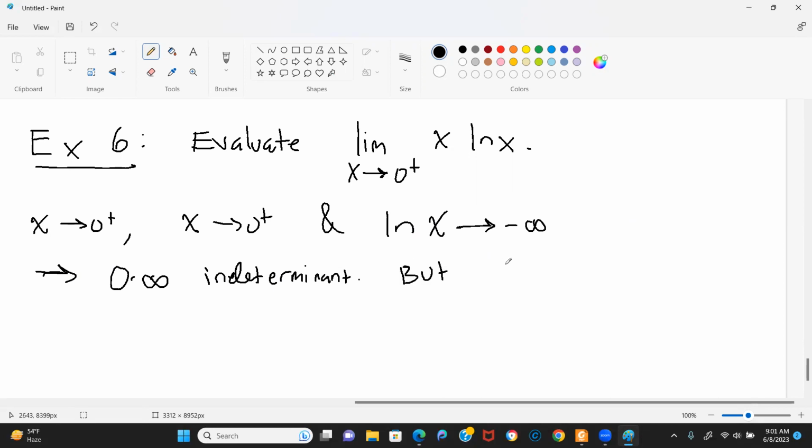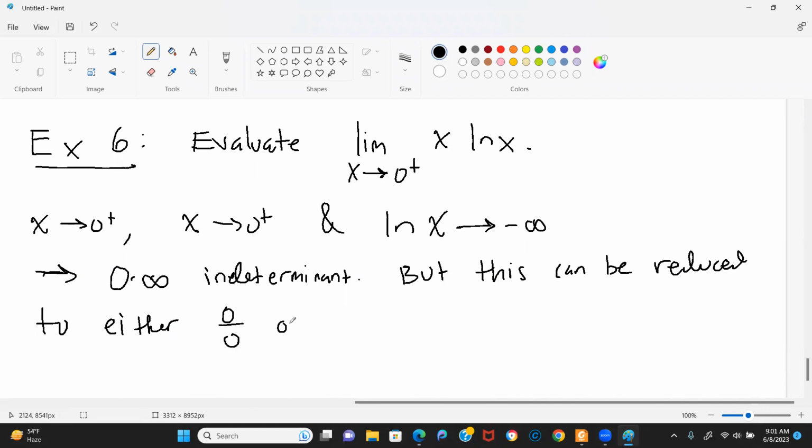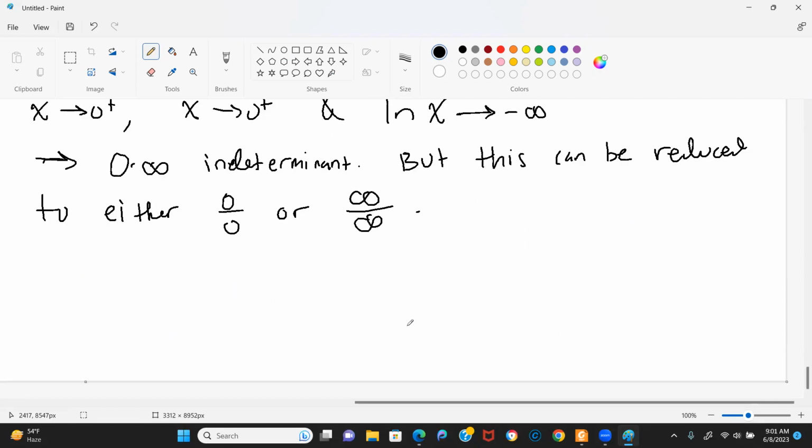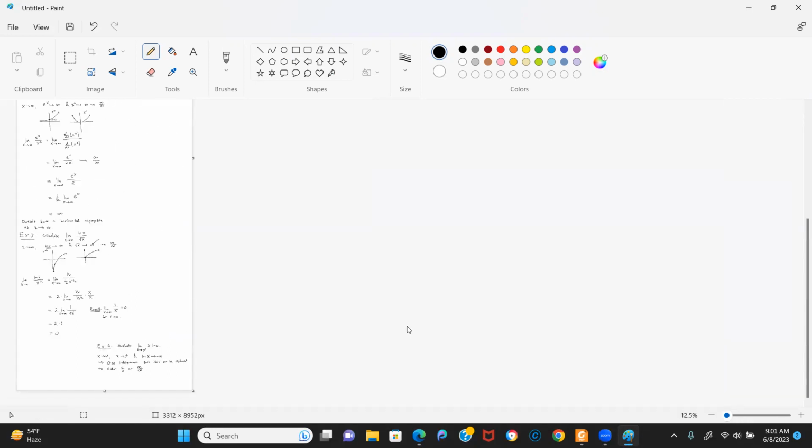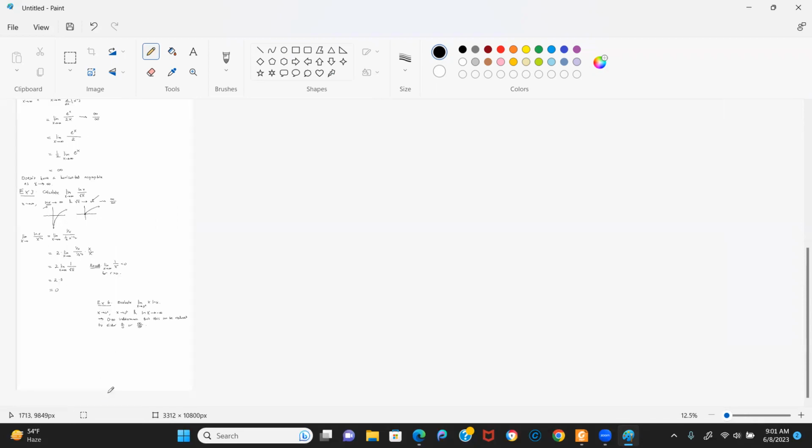But this can be reduced to either of the primary indeterminate forms. It could be either 0 over 0 or infinity over infinity. And then we can use L'Hopital's rule. So you have these other types of indeterminate forms.